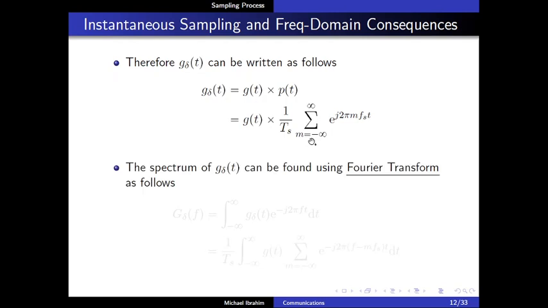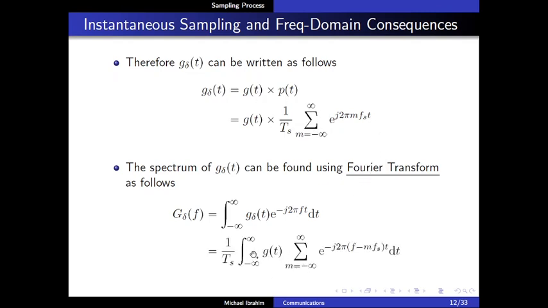Now we can use the Fourier transform to obtain the spectrum of g delta of t. So G delta of f, the spectrum of g delta of t, is the Fourier transform: integration of g delta of t e to the negative j 2 pi f t dt. Now we replace g delta of t with this expression, g of t times 1 over Ts times the summation.